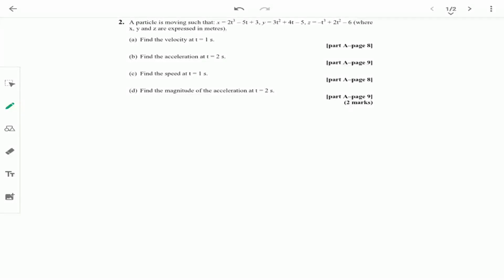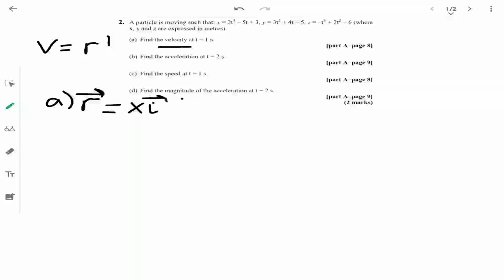Okay, so let's start with part A. The very first thing you're supposed to do is find the position vector. Since they're asking for velocity, we all know that velocity is equal to the derivative of the position, right? So let's find the position. As we all know, r with the vector arrow on top is equal to xi plus yj plus zk, because i, j, and k are the unit vectors associated with x, y, and z respectively.